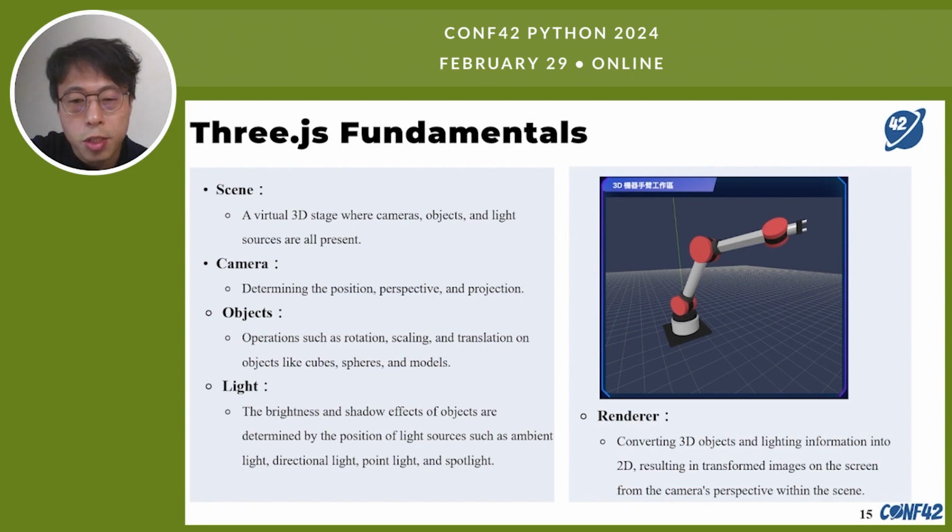So we should convert all the 3D objects, including the lighting information, into 2 dimensions, like transforming the images on the screen by our camera perspective to the scene. We will explain more details in later slides.